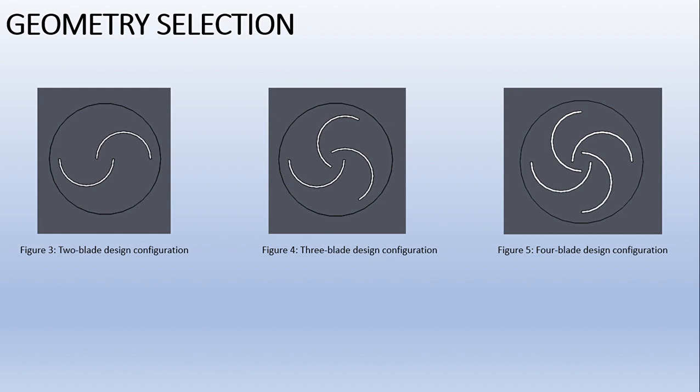So for this project, 3 basic blade design configurations are selected and simulations are done to find out which blade configuration optimizes the efficiency and produces more power, and how many blades are appropriate for a Savonius wind turbine.